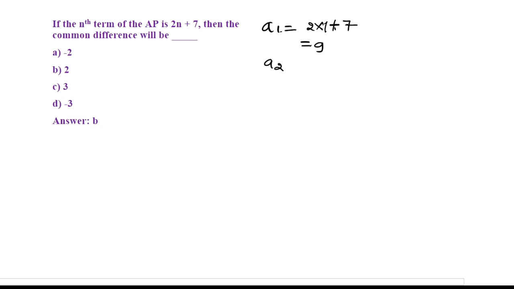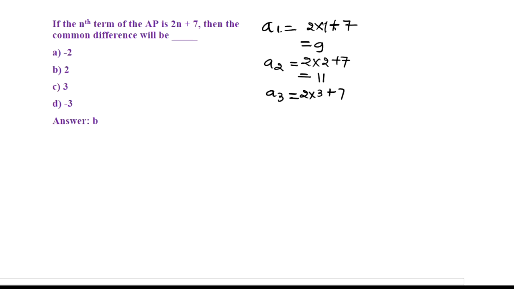Similarly, if I want to find out second term, A2. So what do I get the value of A2 as? It's nothing but 2 into 2 plus 7. 2 into 2 is 4. 4 plus 7 is 11. Correct? Similarly, if you want to find third term, what do you get? It's 2 into 3 plus 7.